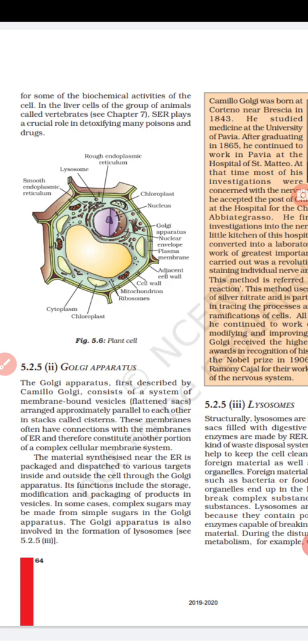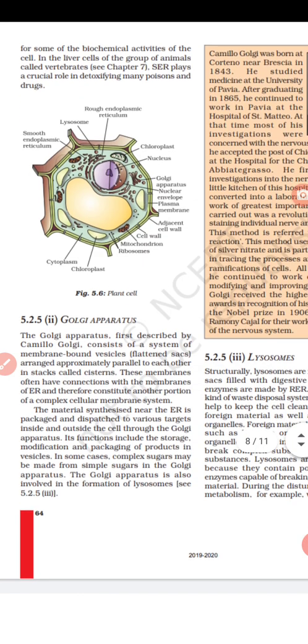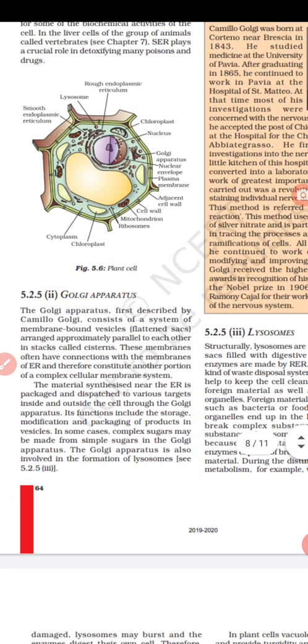Now, children, today we are going to start the new cell organelle, that is the Golgi apparatus. Children, the Golgi apparatus was first observed, or we can say described, by Camillo Golgi in 1898.